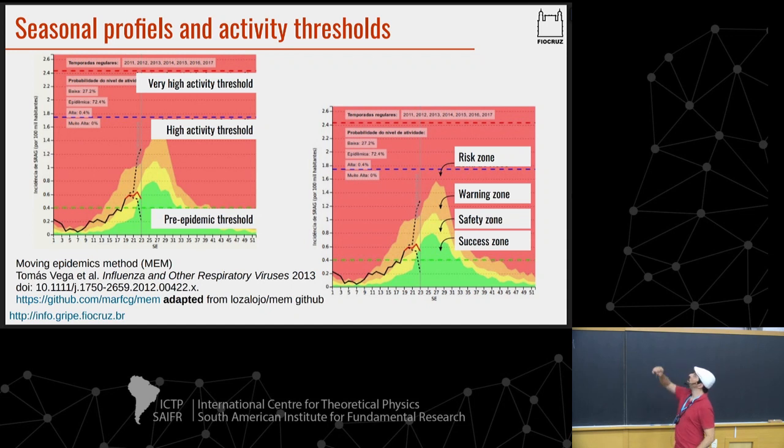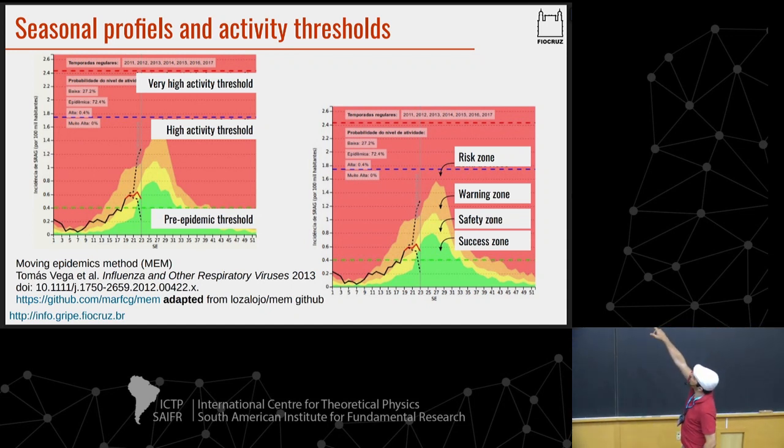So I have seasons 2011, 12, 13, 14, 15, 16, 17 that were used to train that model, and so I have 1, 2, 3, 4, 5, 6, 7, 8 observations for each particular week, right?